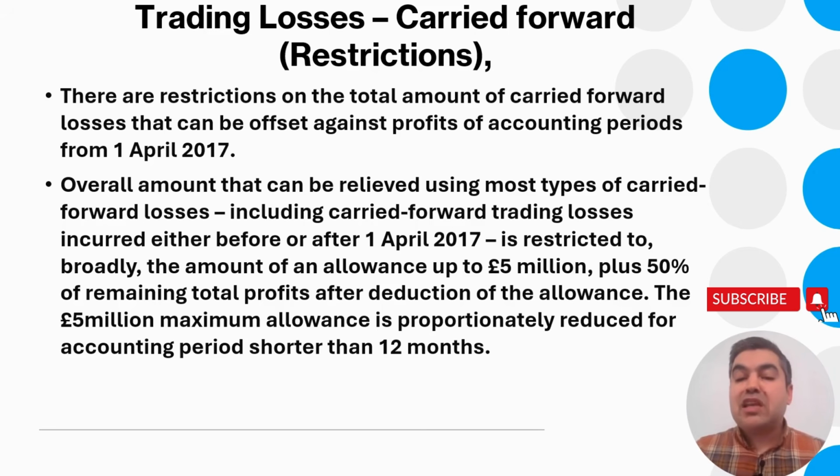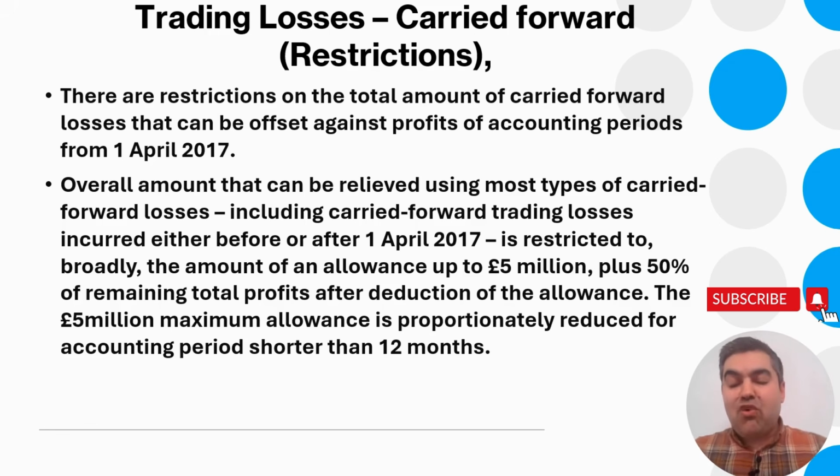Overall, the amount that can be relieved using most types of carried forward losses, including carried forward trading losses, whether they arise before 1st April 2017 or after, is restricted to broadly an allowance of up to 5 million. For example, if you have a carried forward loss of 20 million, then the restriction would apply.